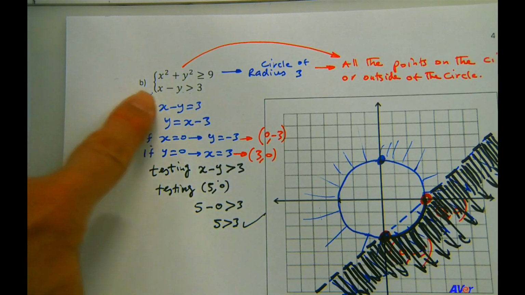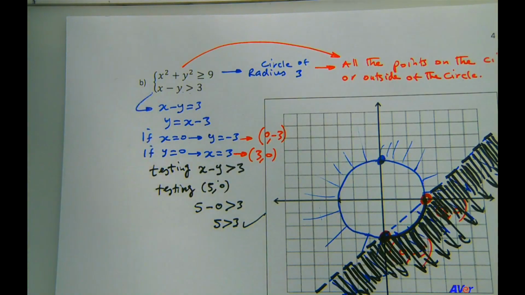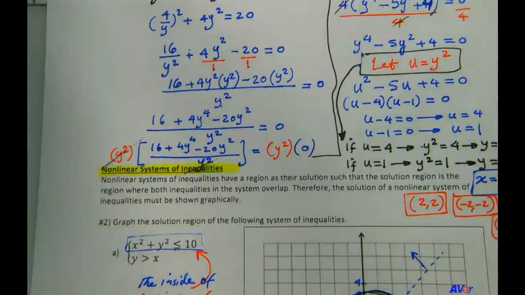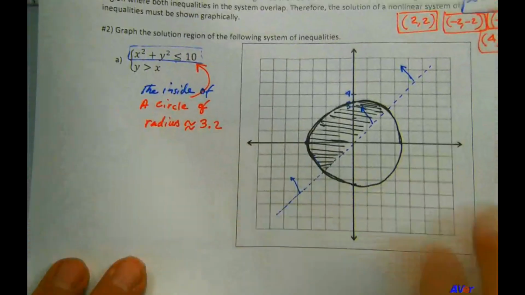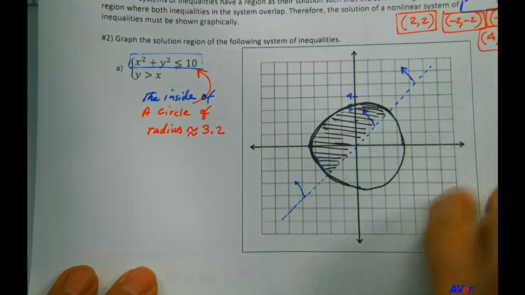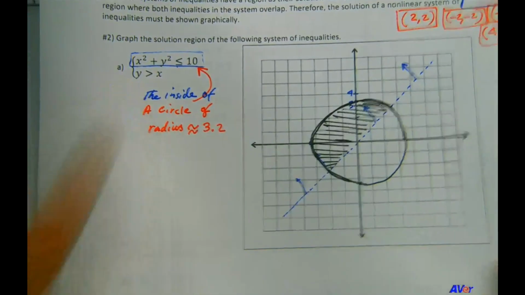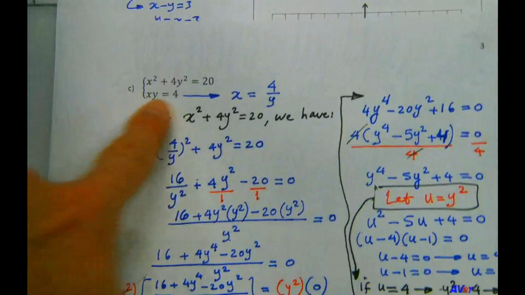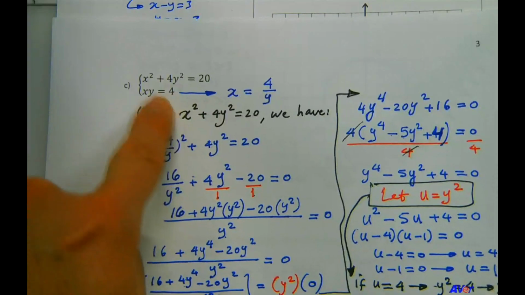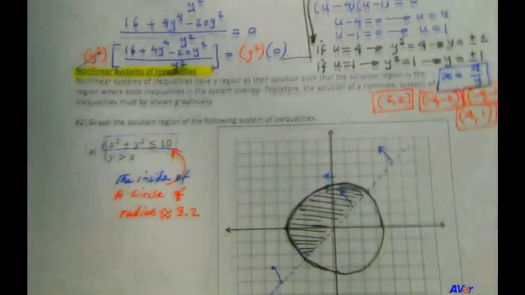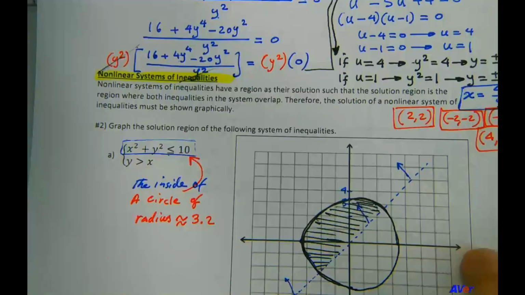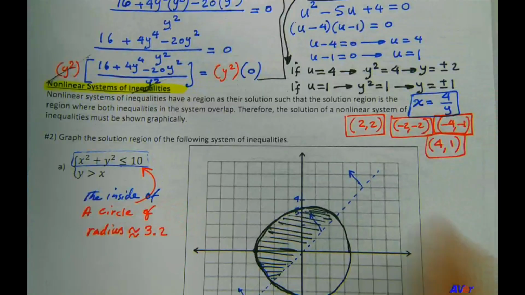But we're going to graph this system of inequalities, that one, remember this? That one. We're going to graph that system of nonlinear equations. We're going to also graph that. And we're going to look at the intercepts. Where those curves intersect each other, we're going to look at that on the computer.